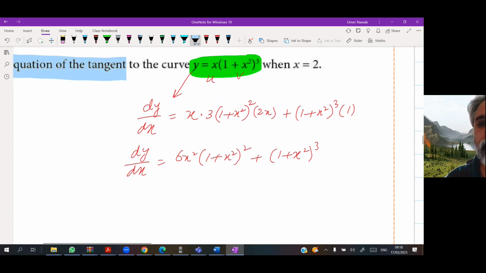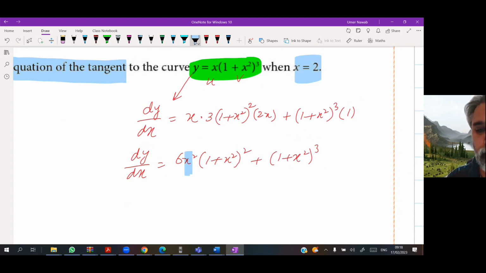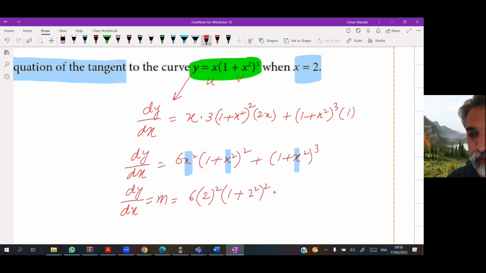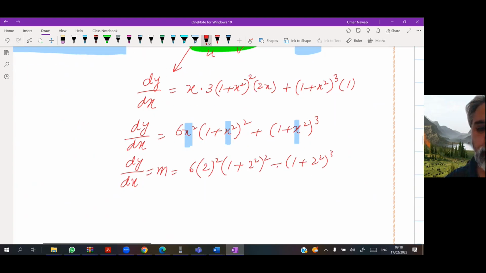Now boys, what is the value of x given to me? 2. So I'm going to substitute 2 here. dy by dx is basically my gradient: 6 times 2 squared times (1 plus 2 squared) squared plus (1 plus 2 squared) cubed.